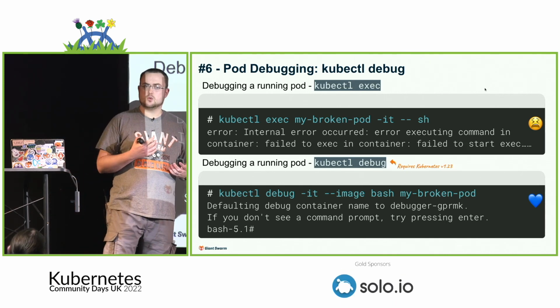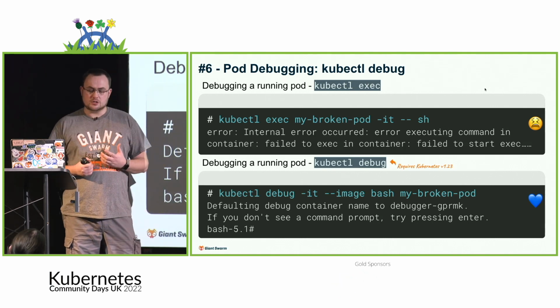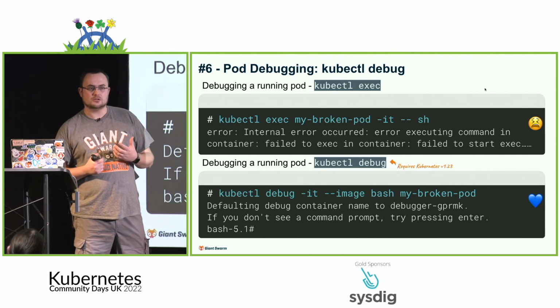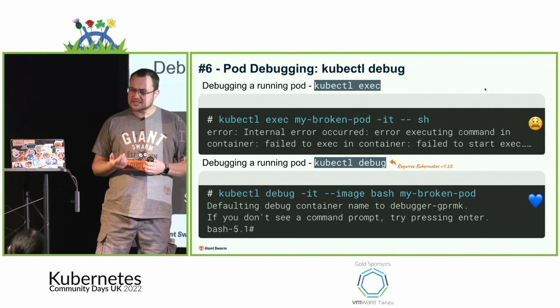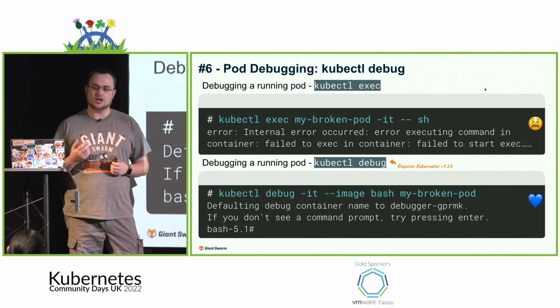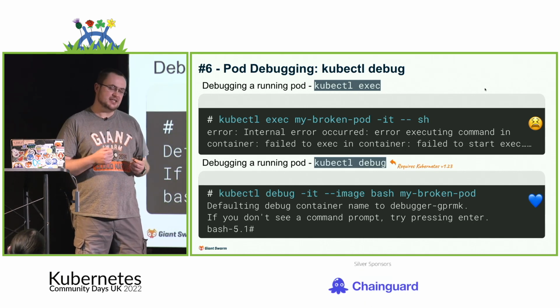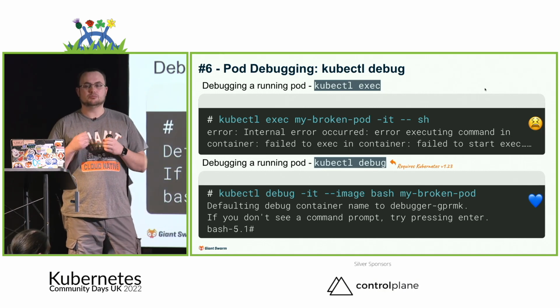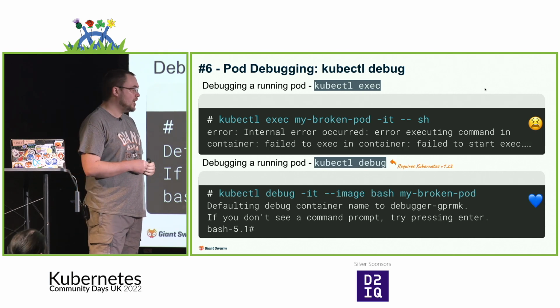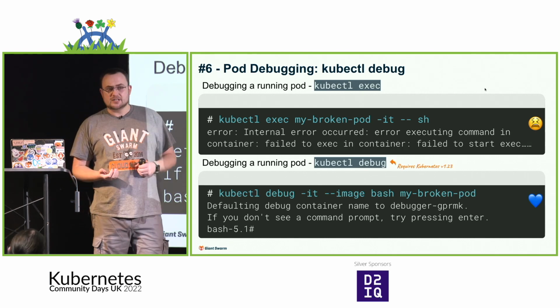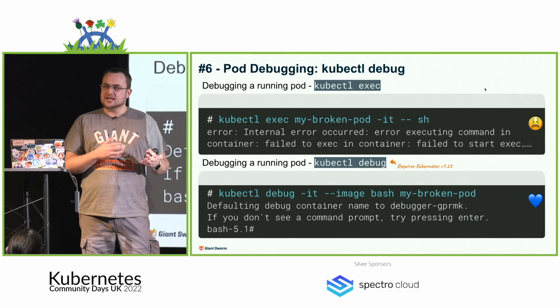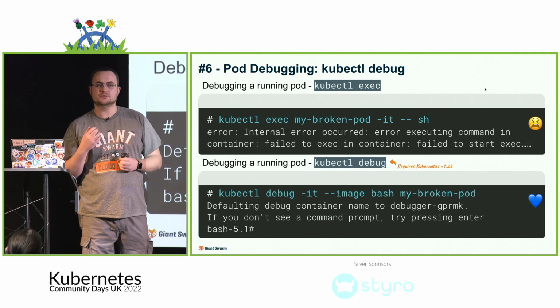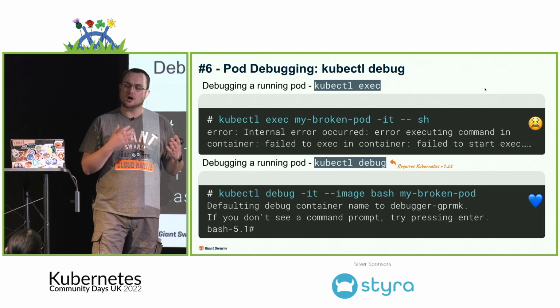From Kubernetes 1.23, there's a new kubectl command called kubectl debug. What this allows you to do is create an ephemeral container inside your broken pod alongside your broken container. Now, it's still limited in what you can do because you're not in the actual container that's broken, but it allows you to do some debugging as though you are that application.